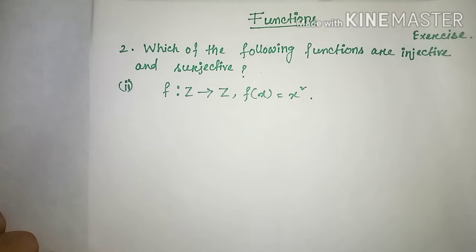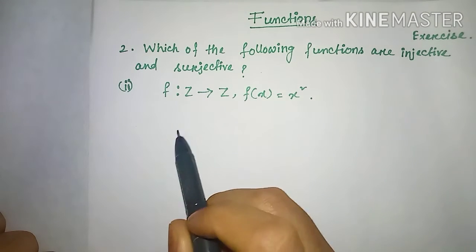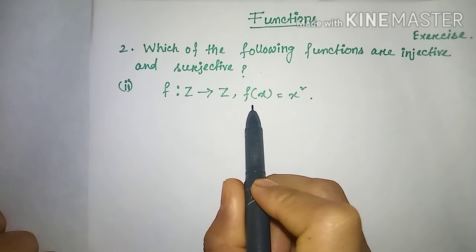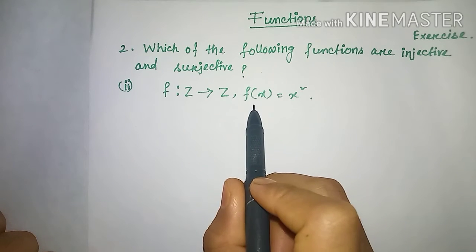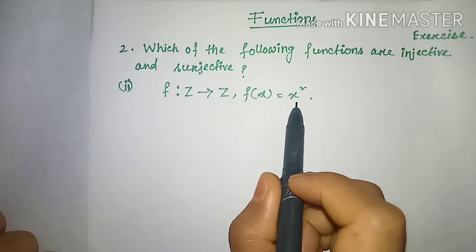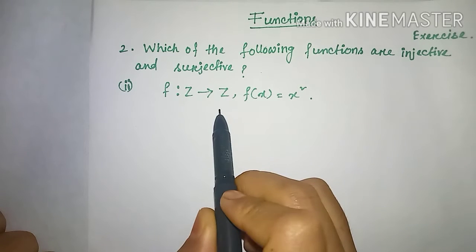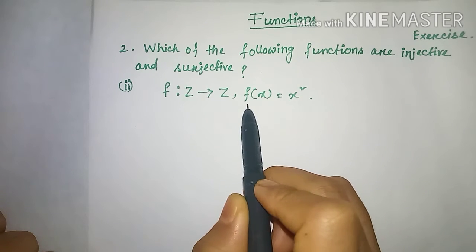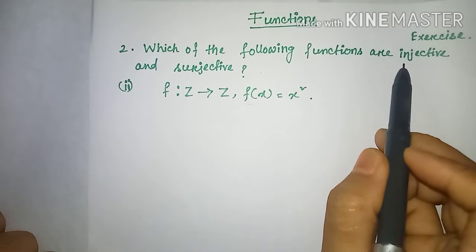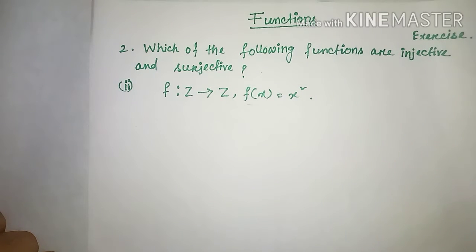Now let's start from 2, that is a function f from Z to Z where f(x) is defined as f of x equal x square. We have to check whether this function is injective or surjective. So let's proceed.